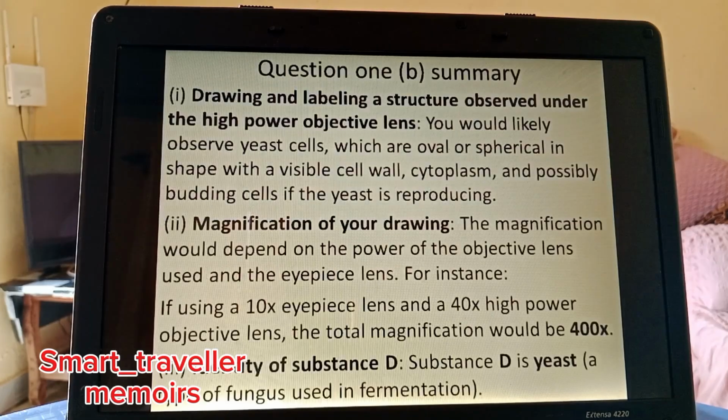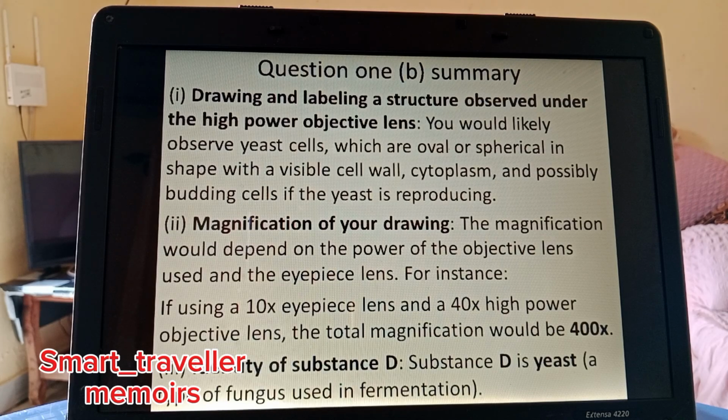Question 1B summary. Drawing and labeling a structure observed under the high-power objective lens, you would likely observe yeast cells which are oval or spherical in shape, with a visible cell wall, cytoplasm, and possibly budding cells if the yeast is reproducing. Roman 2, magnification of your drawing.